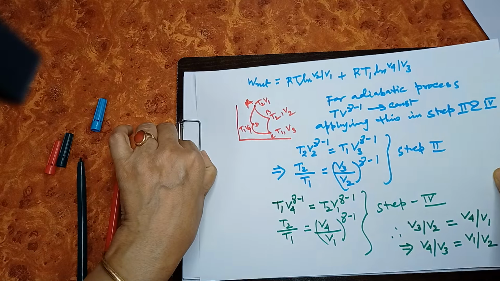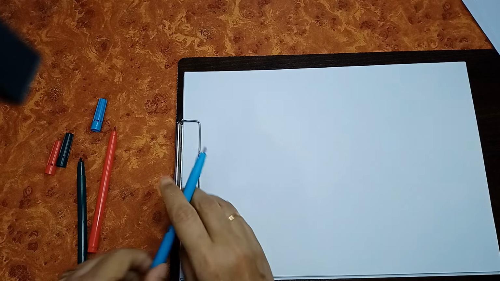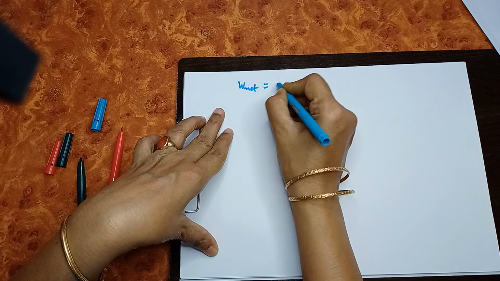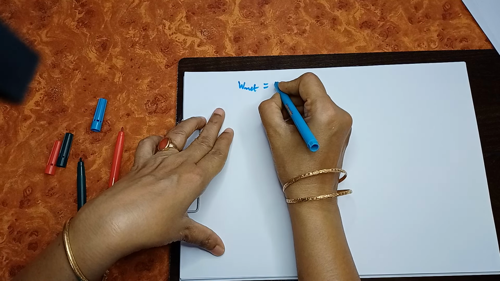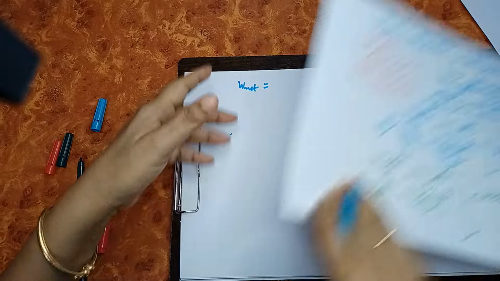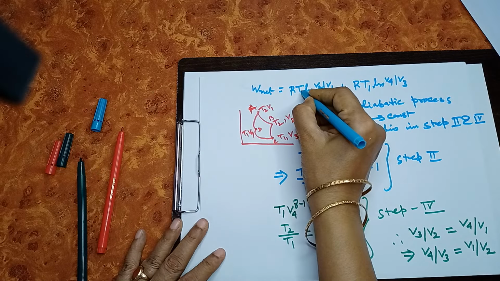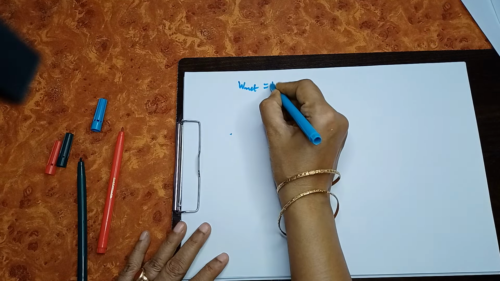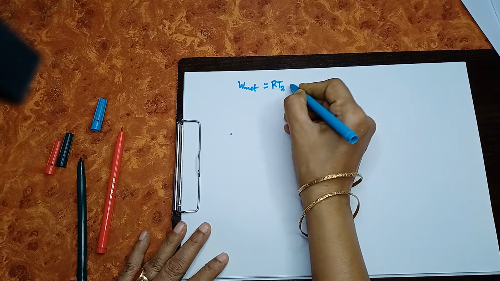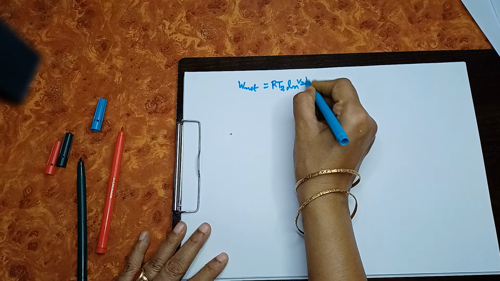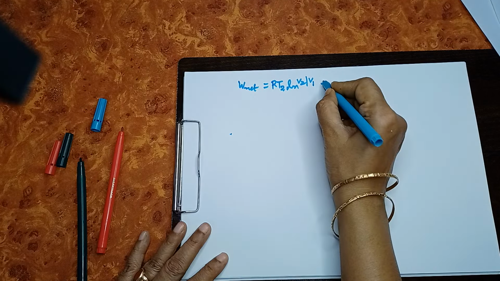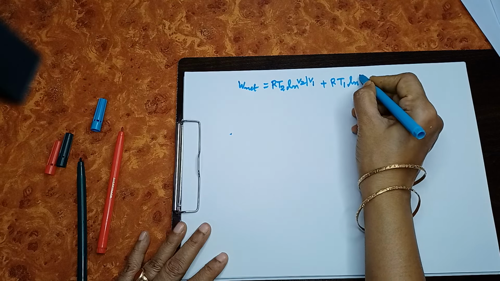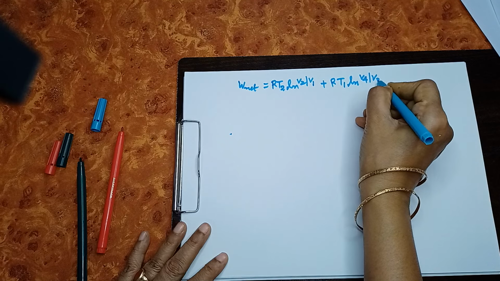So once again, W net is equal to RT2 ln V2 by V1 plus RT1 ln V4 by V3.